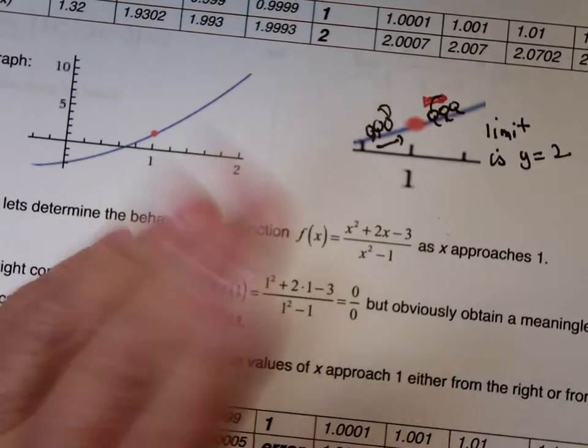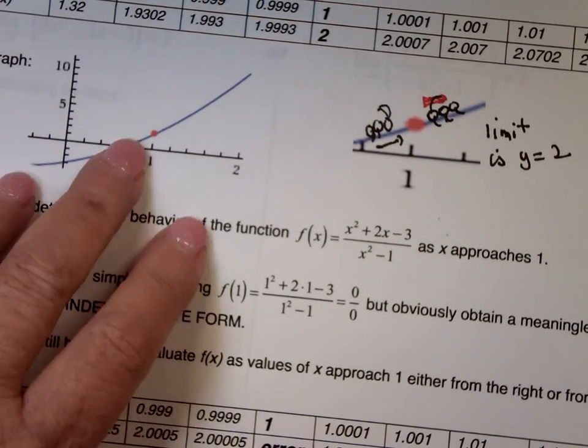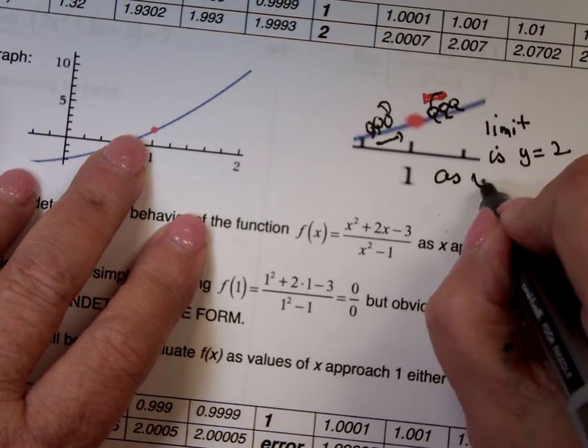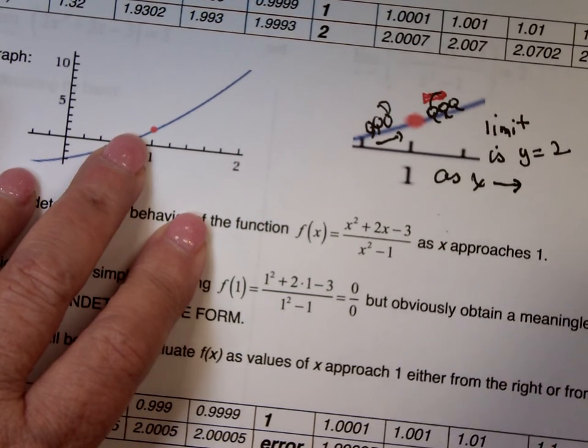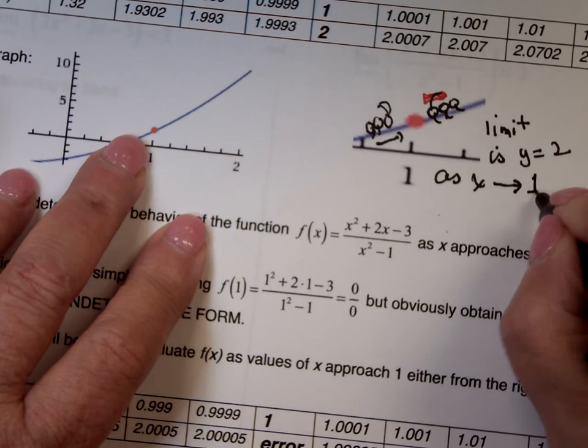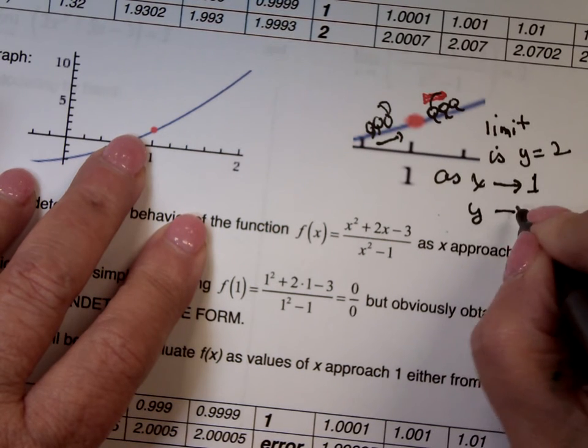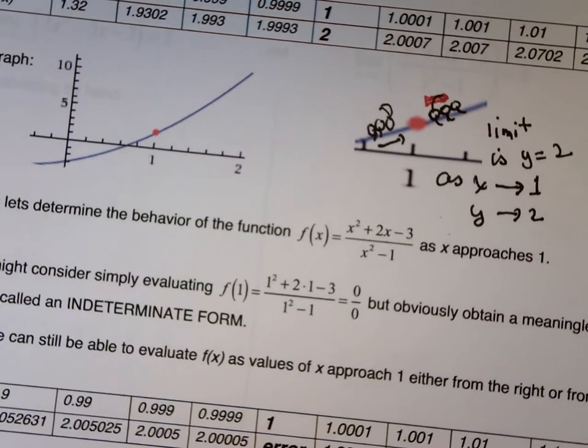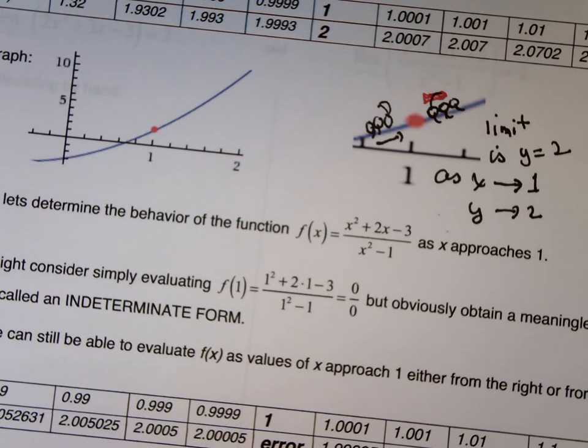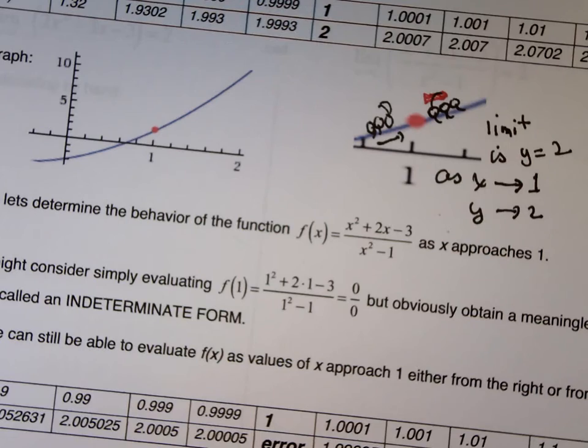So as x approaches 1, and I'm going to use this for the word approaches, y approaches 2. They may never get there, but in my field of vision, it looks like they do.